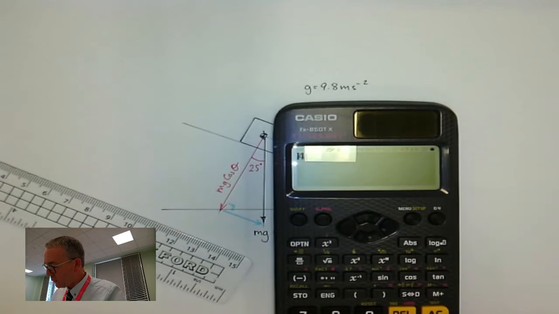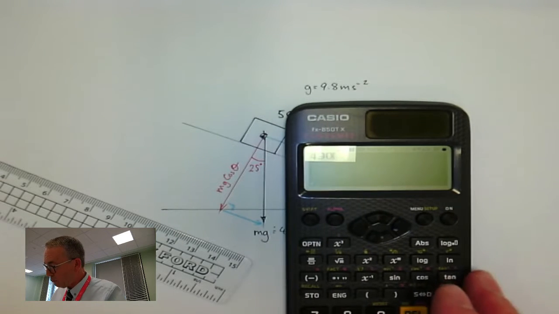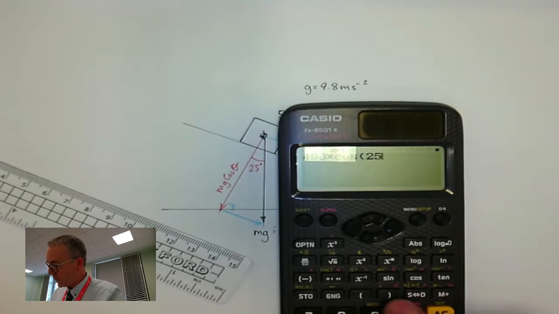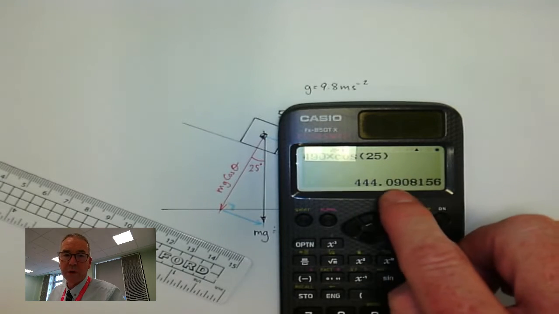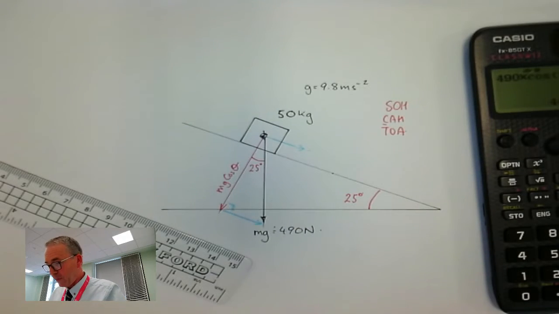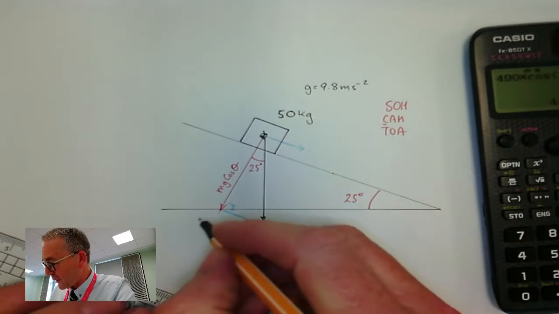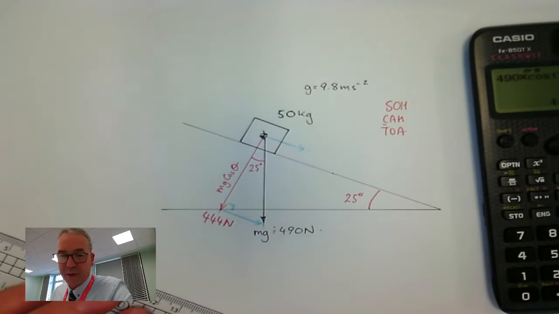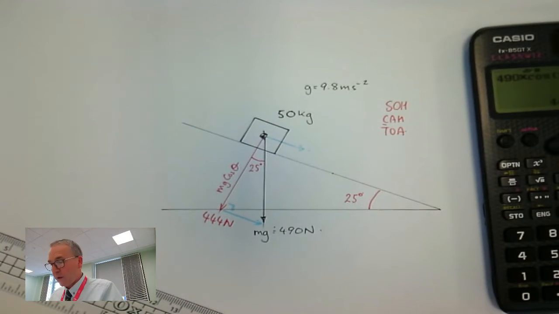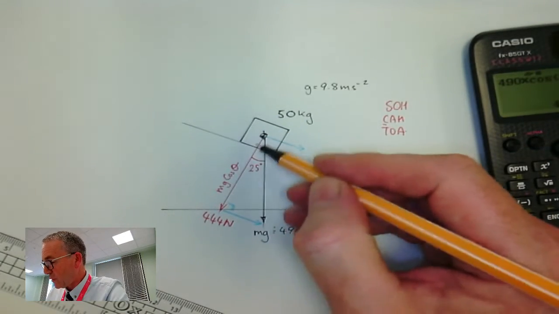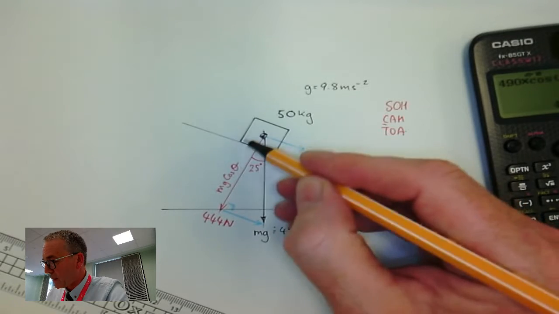The mass due to gravity was 490 multiplied by the cosine of 25 degrees, and the magnitude of that force is 444, I'm going to go for 444 newtons. That's a great number, really interesting. So 444 newtons in that direction. Normally in engineering, if the block isn't sinking through the floor and isn't moving in any way, it's static in this scenario.